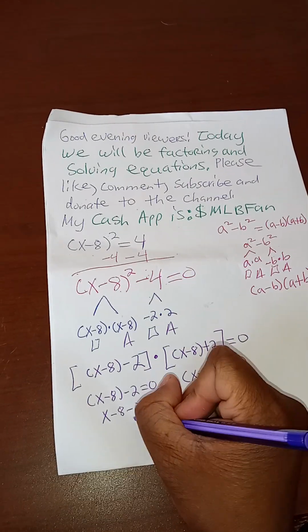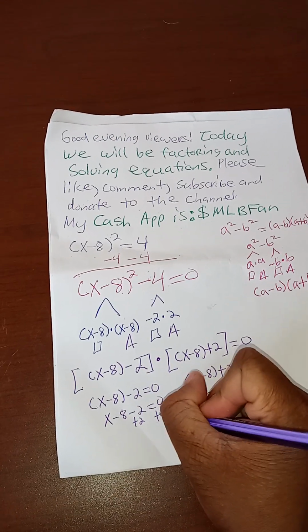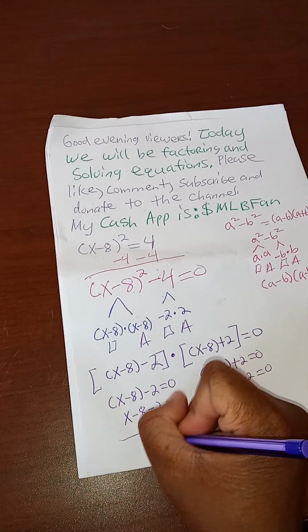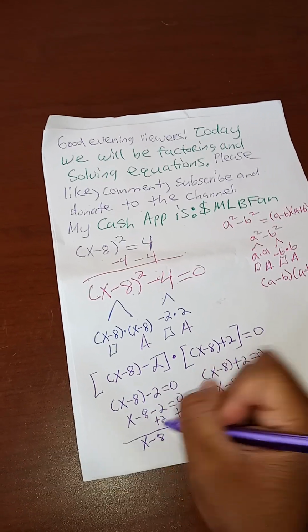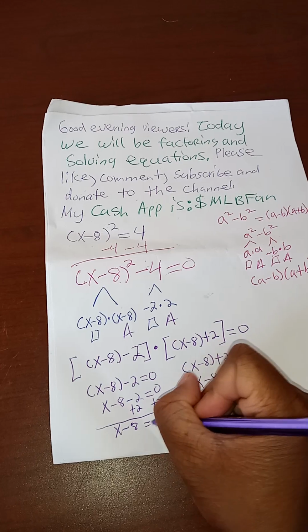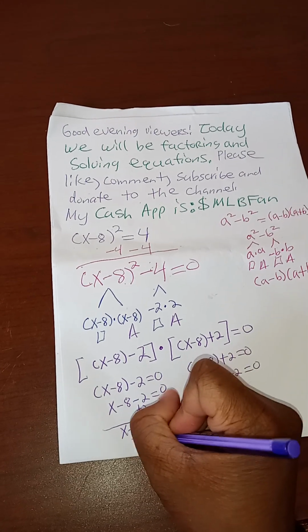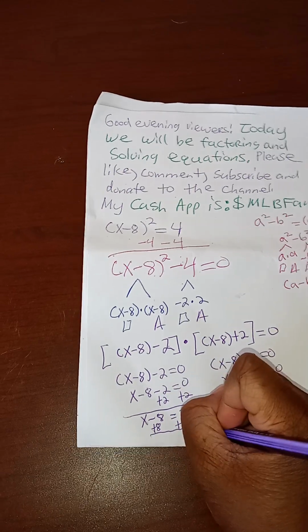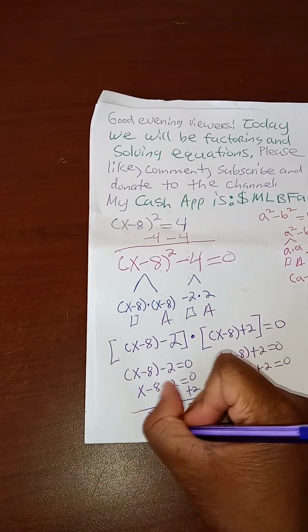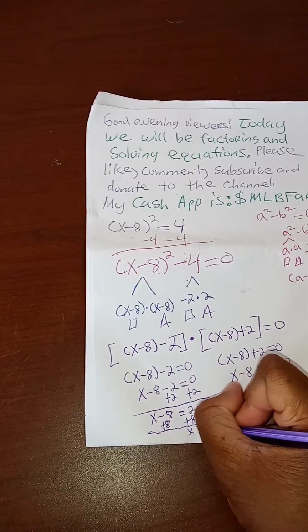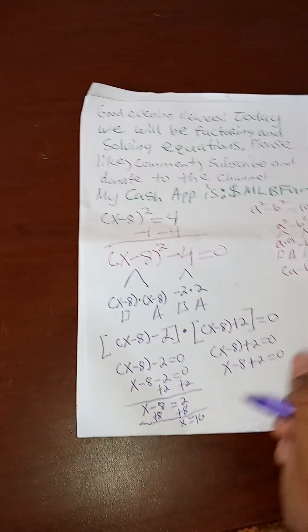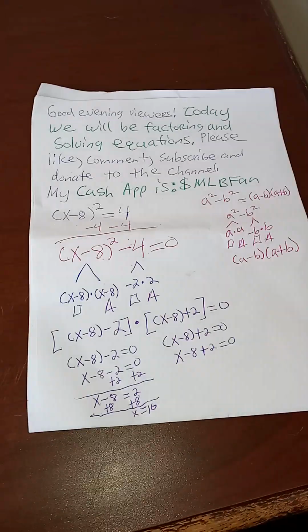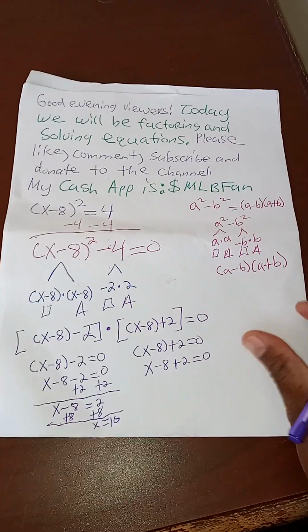So let's start with the first equation. We want to add 2 to both sides. So x - 8 = 2. And then add 8 to both sides of the equation, and we will obtain x = 10. So this appears to be one of the solutions.